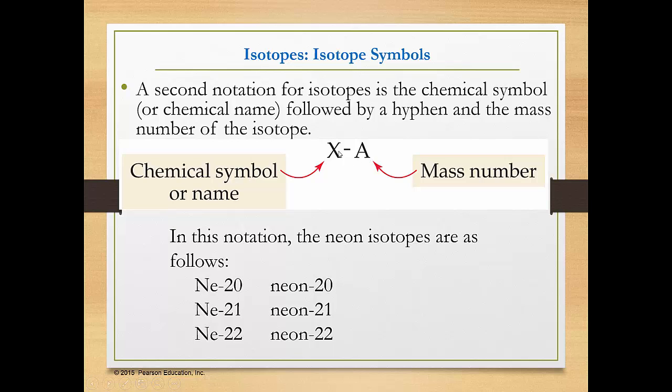Because again, the chemical symbol, if you've got a periodic table, you can look to see how many protons. So if I were using this alternate notation, I would write the neon isotopes this way, either the symbol, neon 20, 21, and 22, or I could write out the whole name, depending on the mood I was in and how much clarification I thought I needed there.